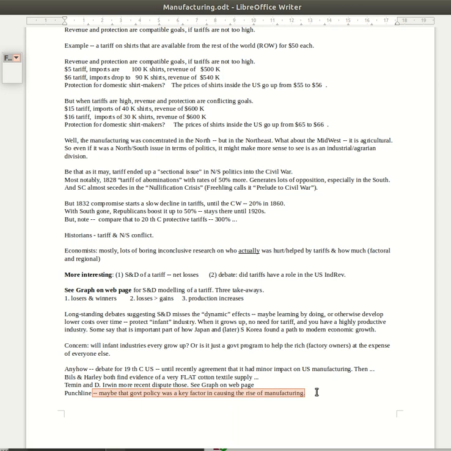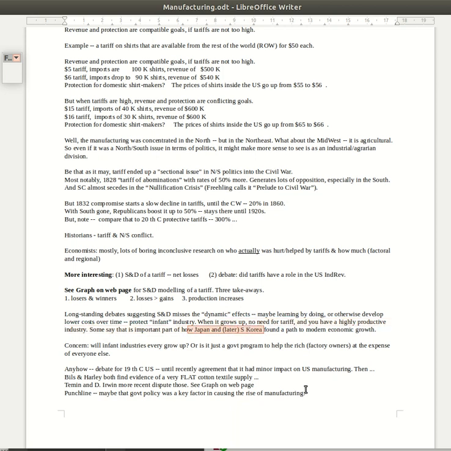If so, we might be thinking of the rise of manufacturing in the early 19th century U.S. as being something like what happened in Japan in the early and mid 20th century, and later what happened in South Korea.